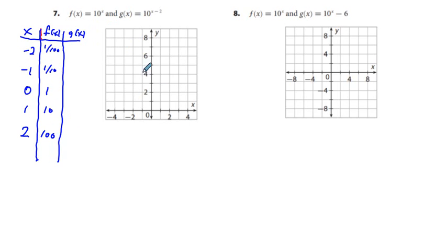And then we graph this function. We get negative 2 is 1/100th. Negative 1 is 1/10th. 0 is 1. 1 is 10. And 2 is 100. So the graph will look like this.